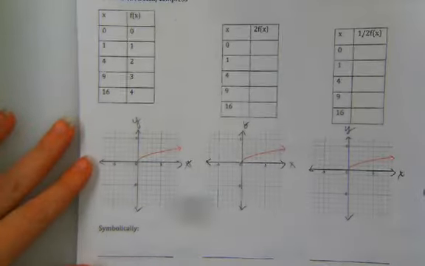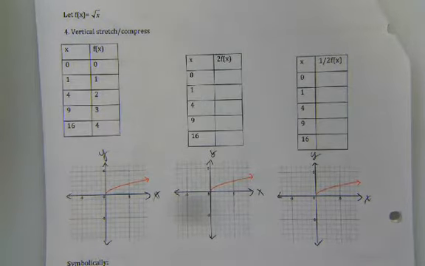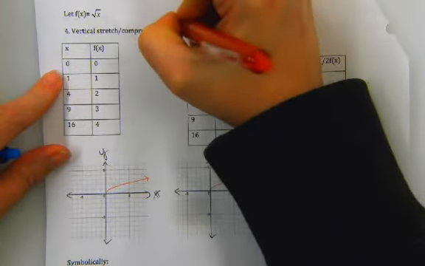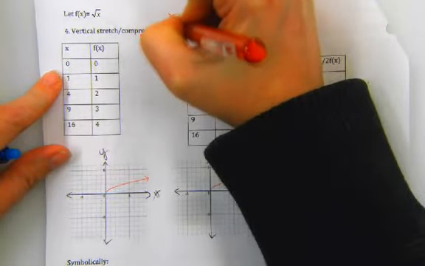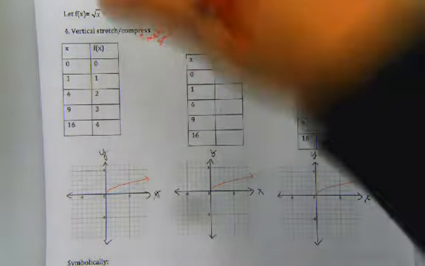I'm still going to play around with the square root function, except I'm going to vertically compress and stretch. Compressing is making it smaller. And stretching is making it longer this way, on the x-axis going this way.